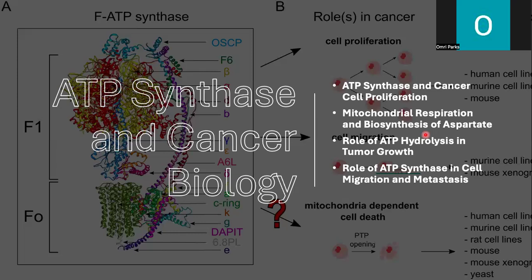The group was able to come to this conclusion by using a CRISPR-based negative selection screen in T cells. They also found that supplementing the culture media with aspartate or expressing an aspartate transporter could rescue proliferation in cells with impaired mitochondrial respiration, which highlights the importance of mitochondrial respiration in maintaining biosynthetic pathways for tumor cell growth.